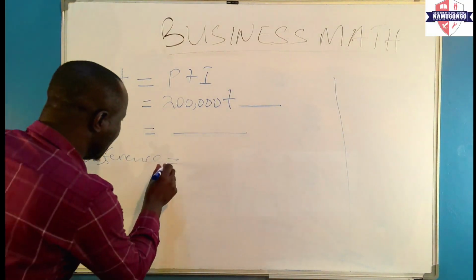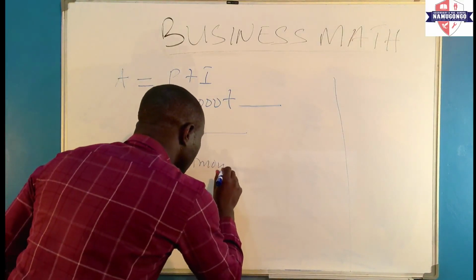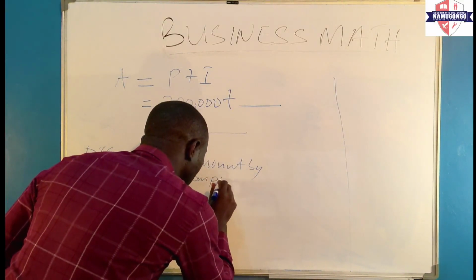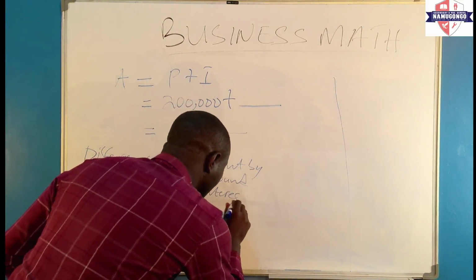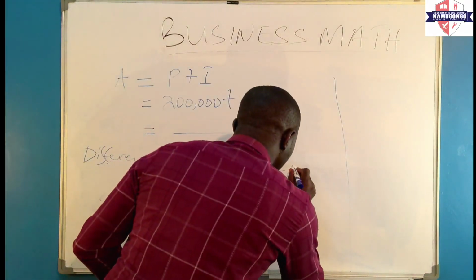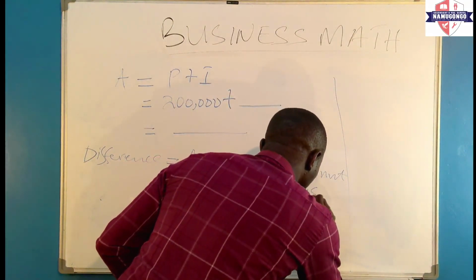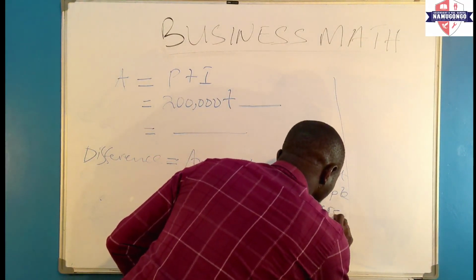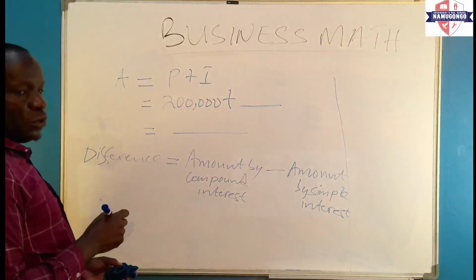So it's going to be the amount by compound interest. Let me write it like this, just amount by compound interest minus amount by simple interest.